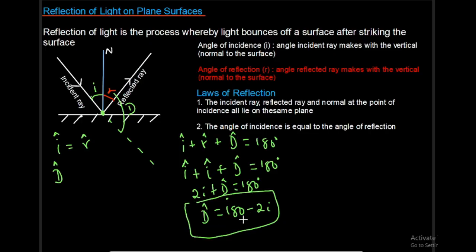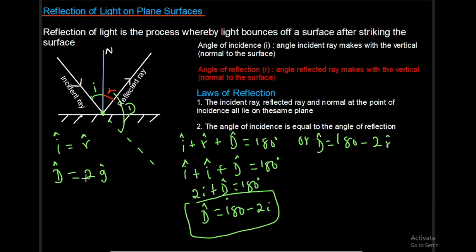You can work with this, or you can also have that angle of deviation is equal to 180 minus 2 times the angle of reflection, because the angle of incidence and angle of reflection are equal to each other. Another equation we can use to calculate angle of deviation is that the angle of deviation is equal to 2 times the glancing angle, or angle of glance.